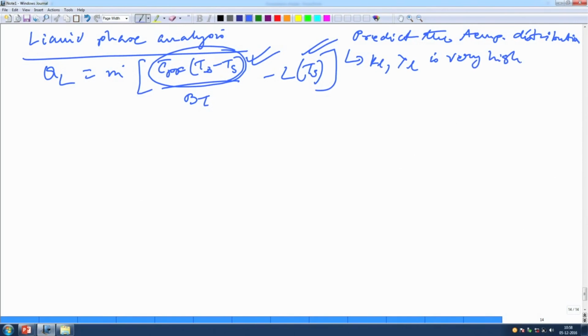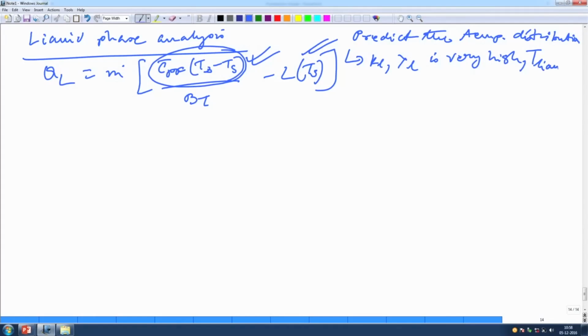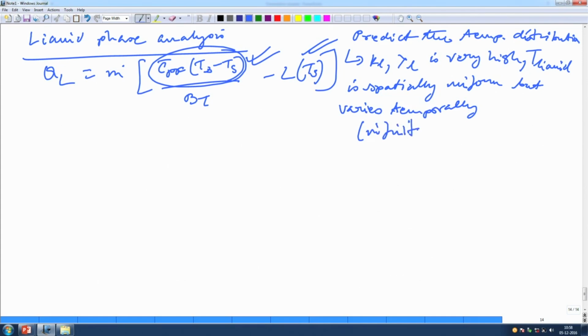So, that means the temperature of the liquid is spatially uniform but varies temporally. That was the infinite conductivity model. We have already seen this.